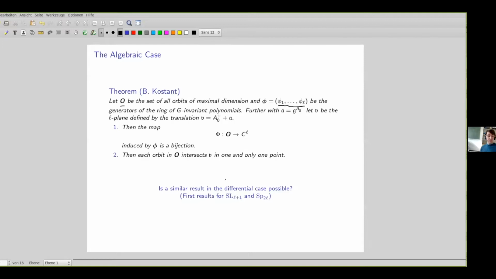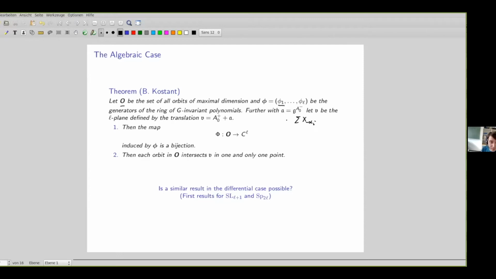Then he proves something else. Here we have mathfrak A, which is the centralizer of this element A0 minus, and A0 minus means just the sum of the basis elements corresponding to the negative of the simple roots.